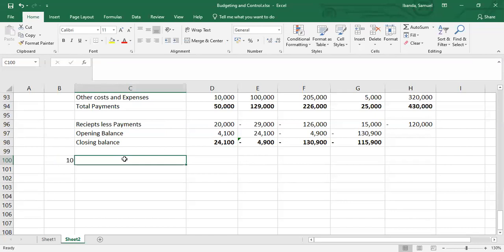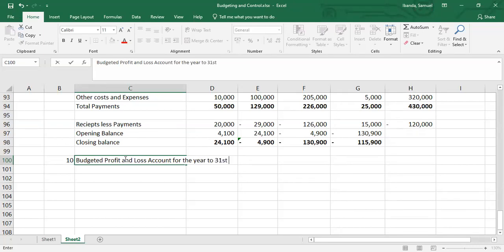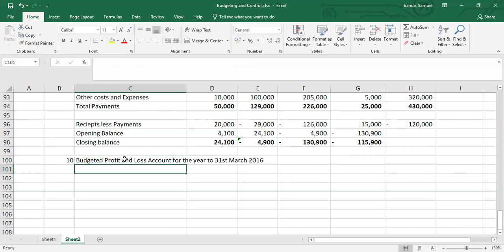Part 10 of the question asks us to draw up our budgeted profit and loss account for the year to 31st March 2016.